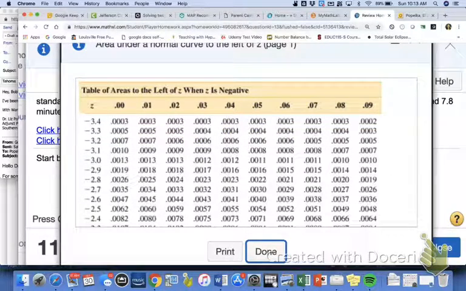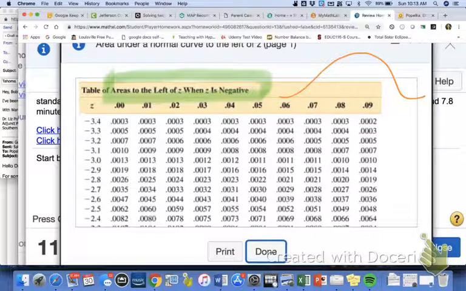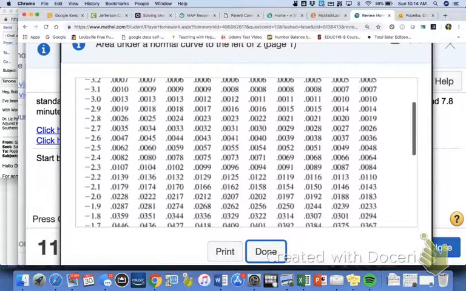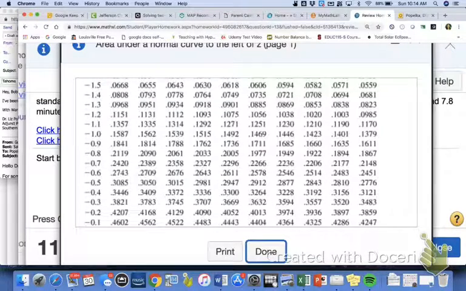Now remember what this is telling you. This is telling you areas to the left of z. So if I'm looking at my normal curve, here's my z-score. This is telling me the amount of area that's to the left of that z-score. That's going to be very important in a second. So the z-score that I am looking for is negative 0.9. I'm going to scroll down here to where I find 0.9 on the table.